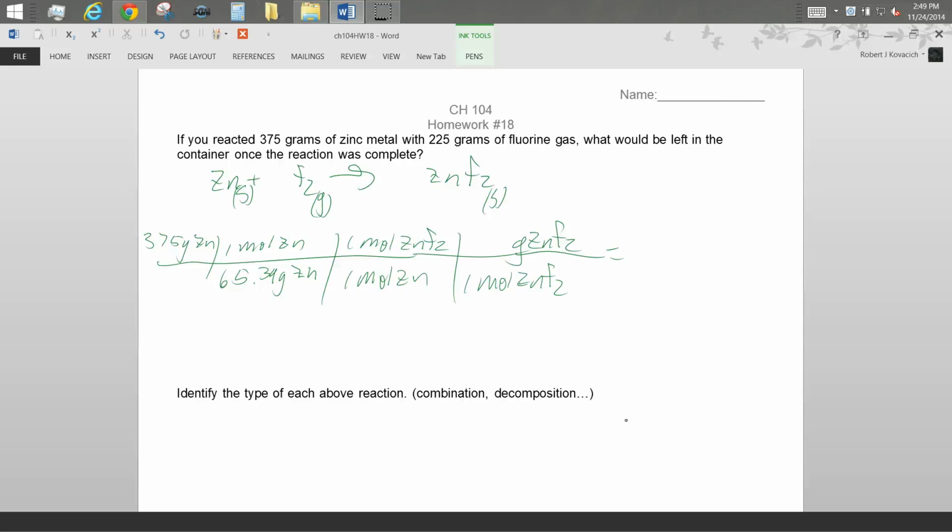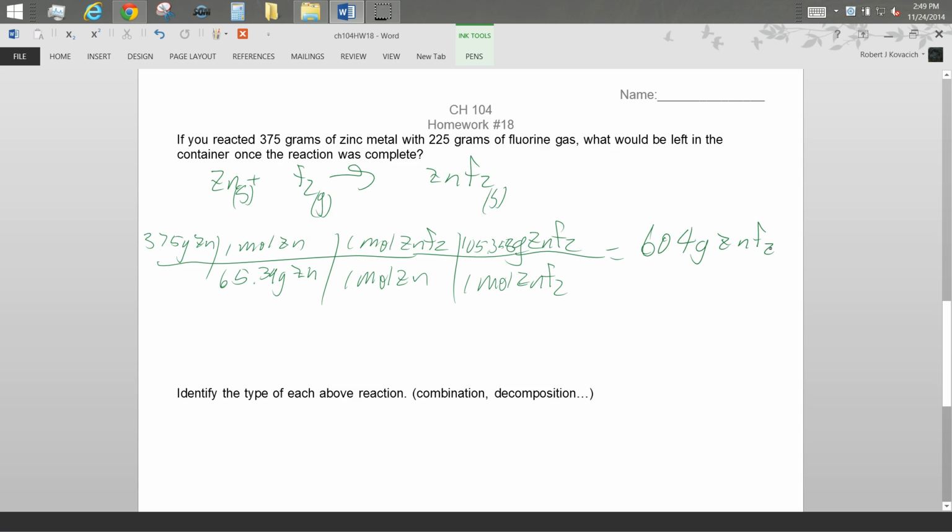So this is just zinc fluoride. And the zinc fluoride's molar mass is 39.9681 plus 65.39. So it's 105.358. And so then that's multiplied by 375 and divided by 65.39. And I get 604 grams of zinc fluoride.